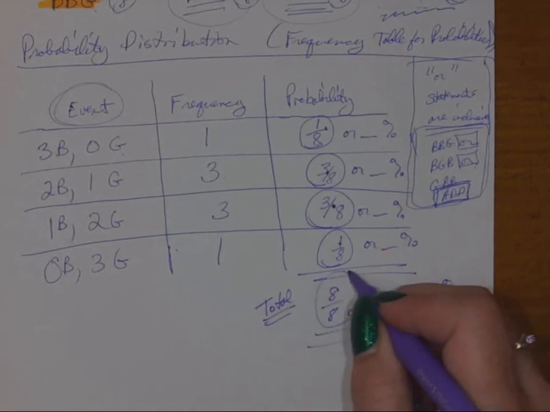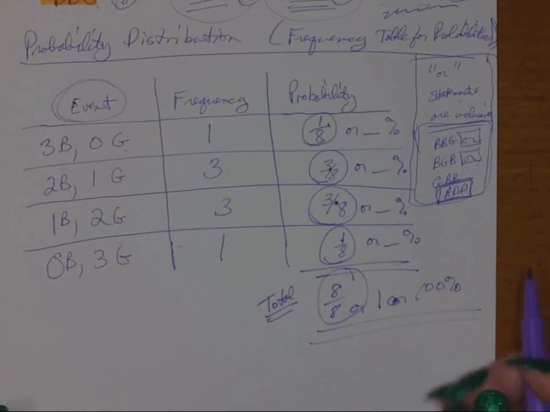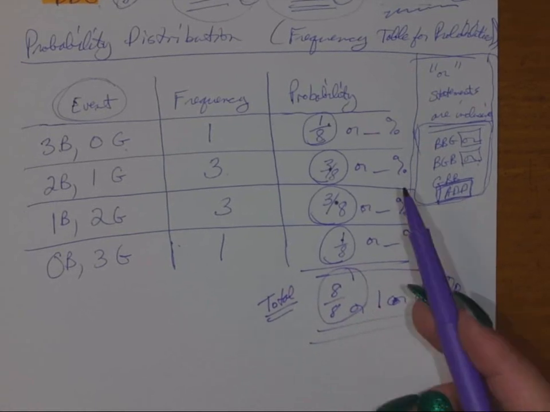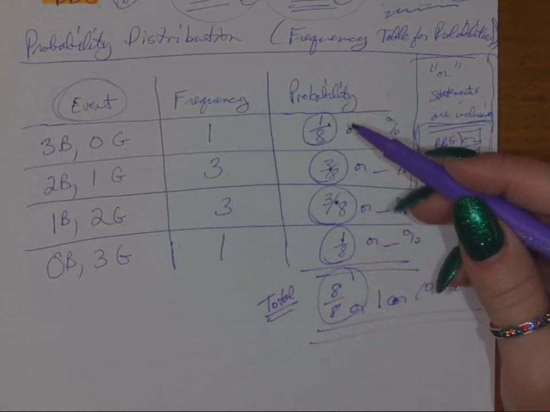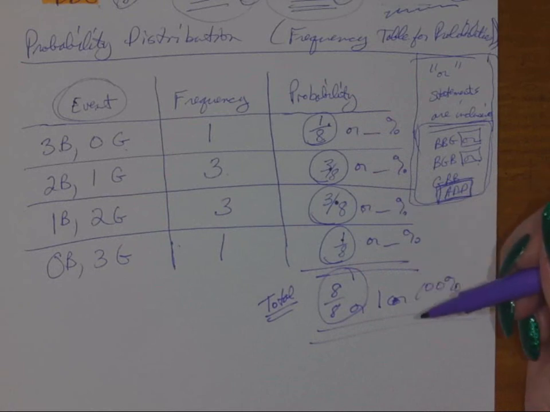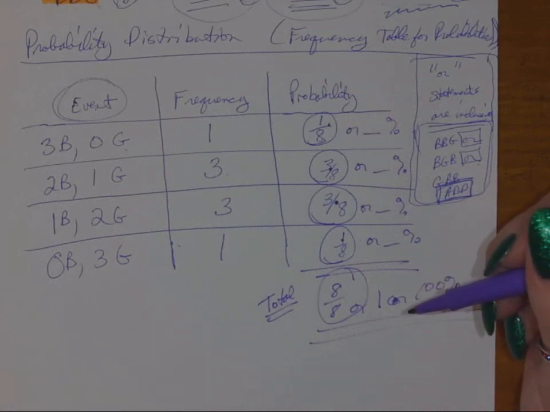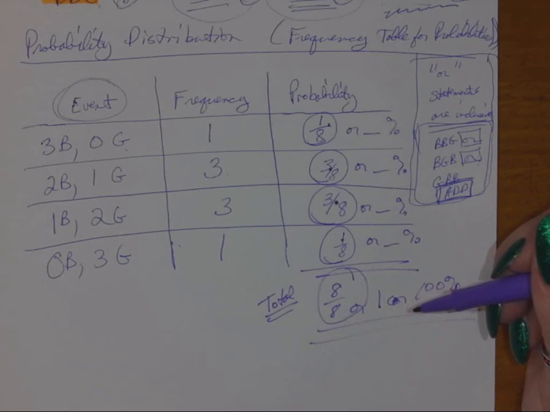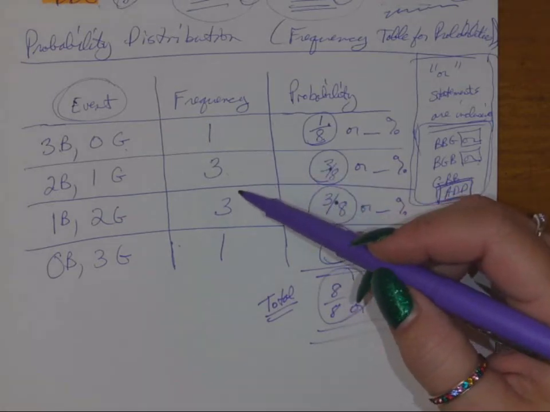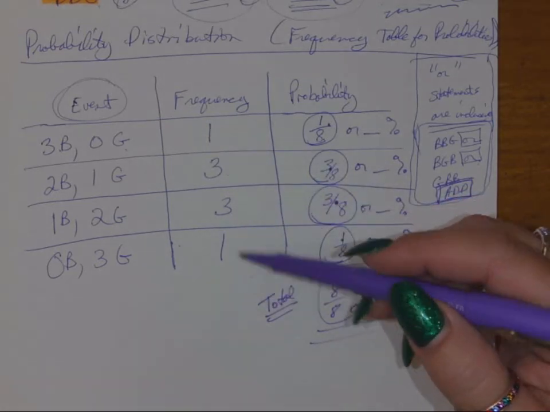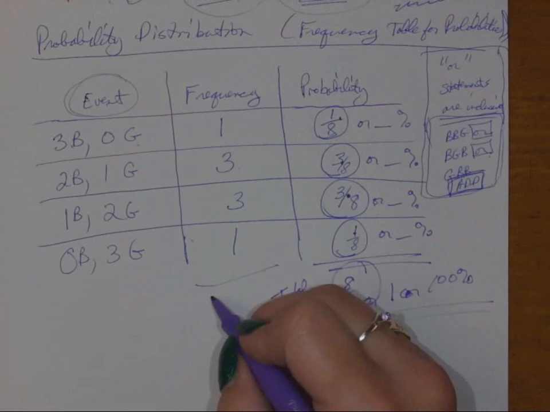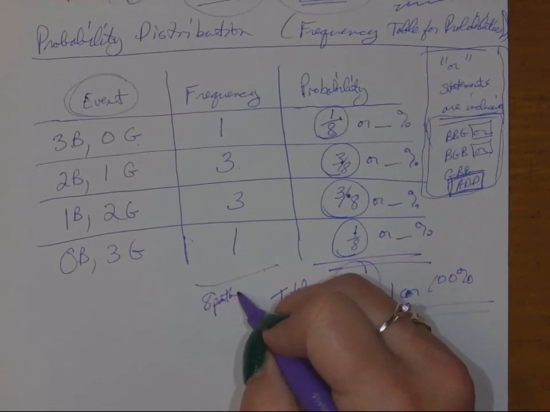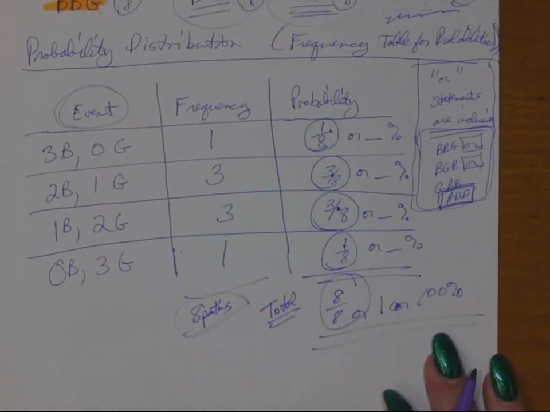This goes back to test 1 where we were doing percentages, and I said sometimes we just want to leave it with that common denominator. This is one of those times where I want to make sure I have all of my options. So I'm going to leave it be. If you wanted to, you could count up your pathways and say, oh yeah, there are 8 of these total. 8 paths. So we're good there.